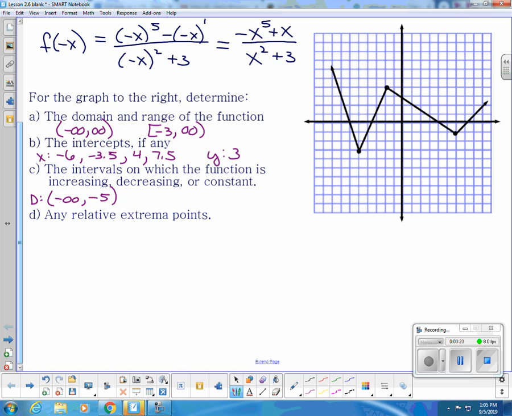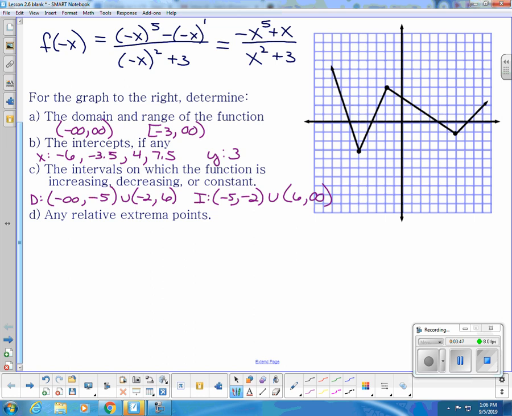Only x's. Then we're going to go to increasing from negative 5 until we get to negative 2. Then we go back to decreasing from negative 2 to 6. And then we go back to increasing from 6 to infinity. So you can just kind of bounce back and forth. And you should just go along the graph.